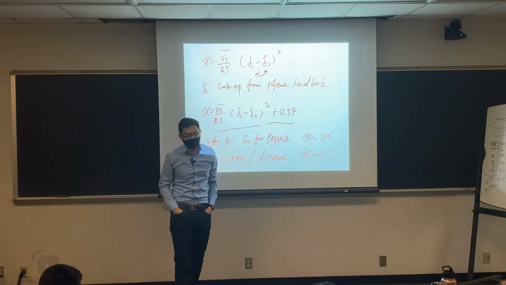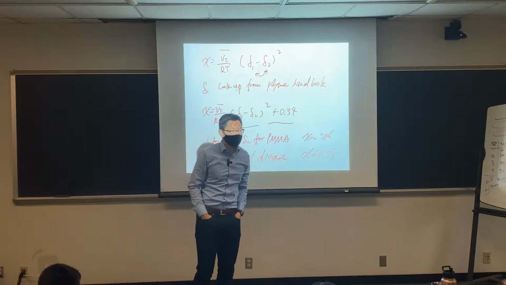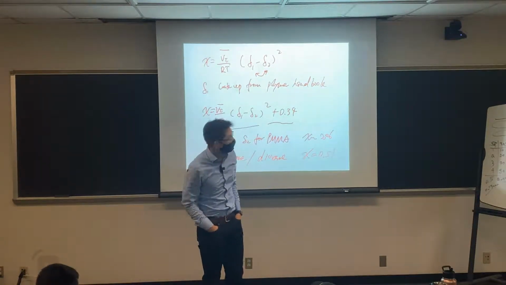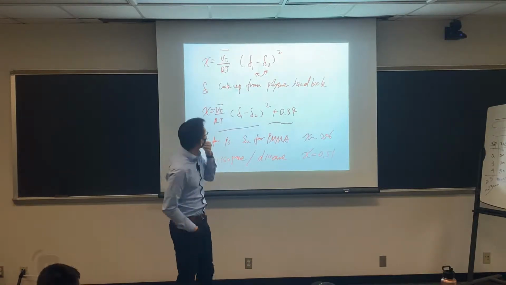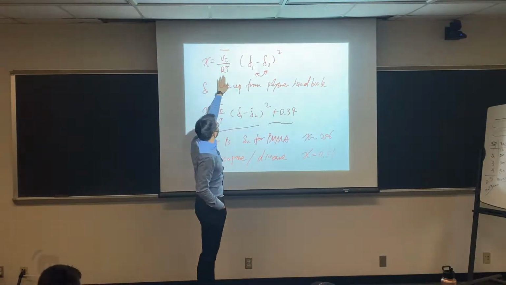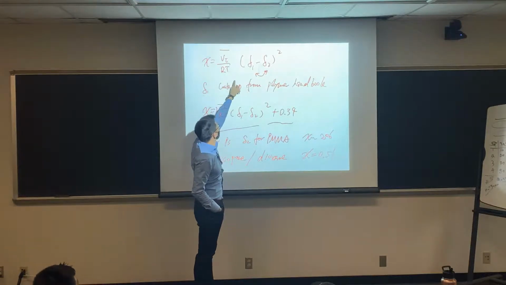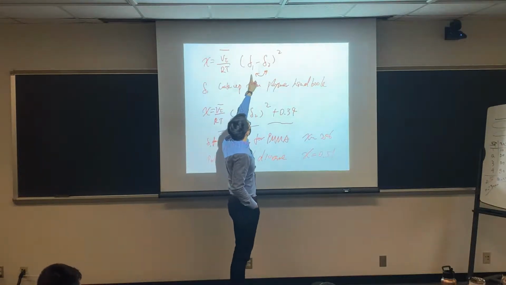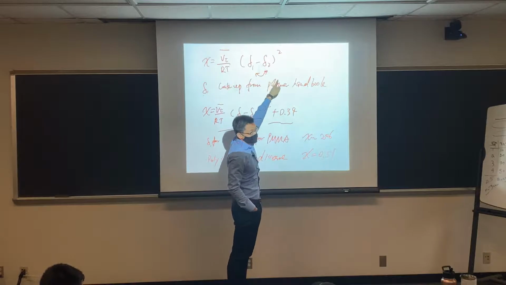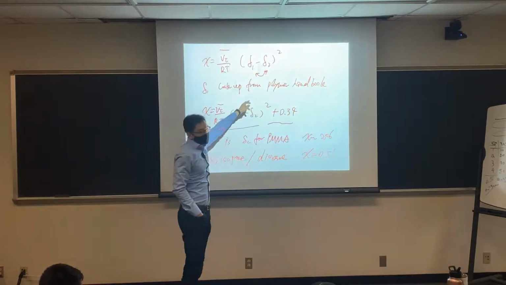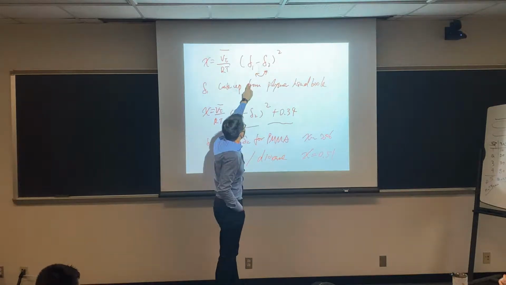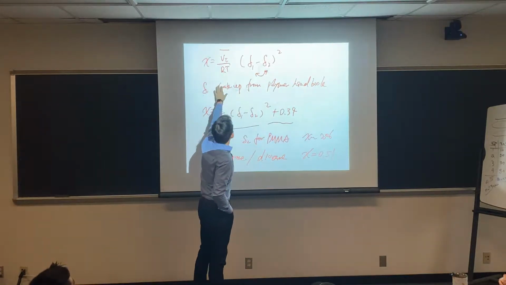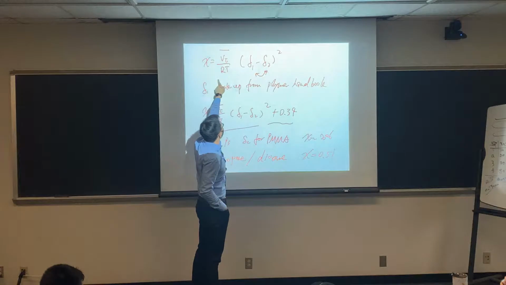If you know the molecular weight and the density, you can calculate the average volume. Divided by RT, where R is the gas constant and T is temperature, multiplied by delta 1 minus delta 2 squared. These are solubility parameters you can look up. Those other terms are R and T.